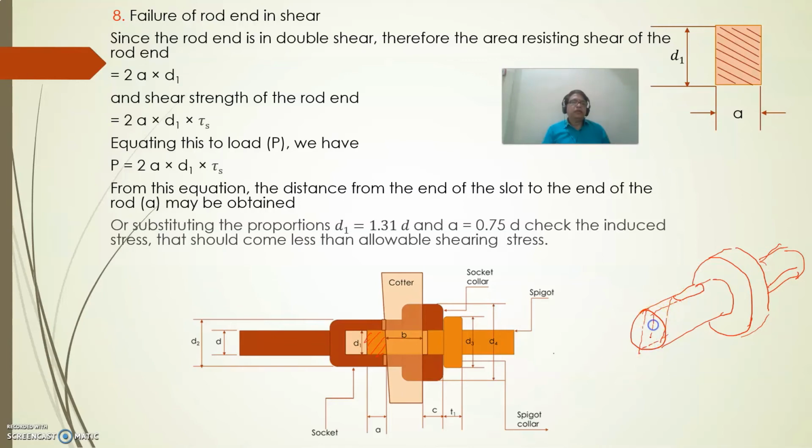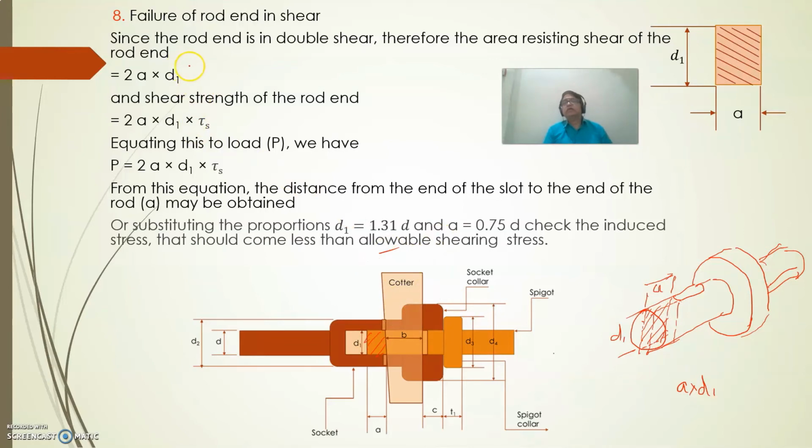One area you will get, and the other area also on this side. So if this length is A, and this length is the diameter d1, then A into d1 is the cross-sectional area of one side. It's a double shear, on this side as well as on this. So it is twice A into d1. Using this value, I can use it here.